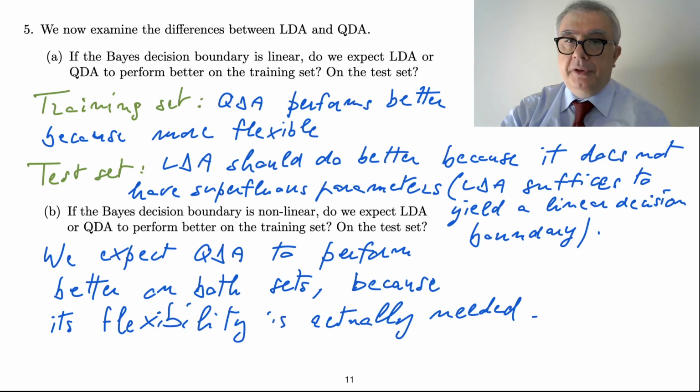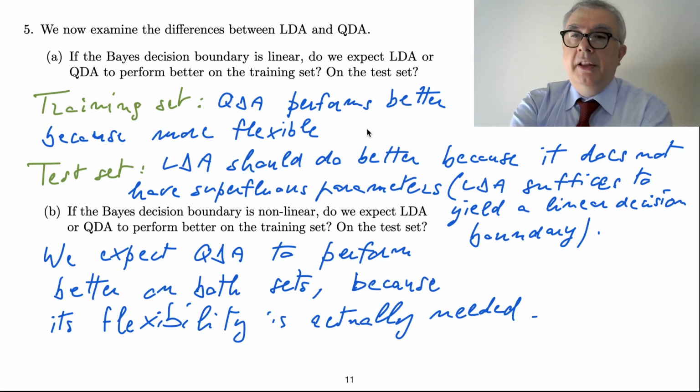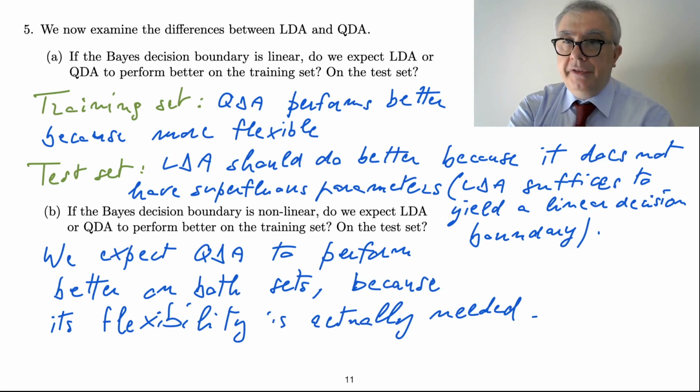When I'm performing discriminant analysis, I am assuming a distribution model for the predictors, a Gaussian model. For LDA, the variance matrix is the same for all the classes, while I have different variance matrices if I am using QDA. This means that I have more parameters, more degrees of freedom, and therefore I'm more flexible, and I expect that this flexibility is exploited in the training phase to reduce the error rate.